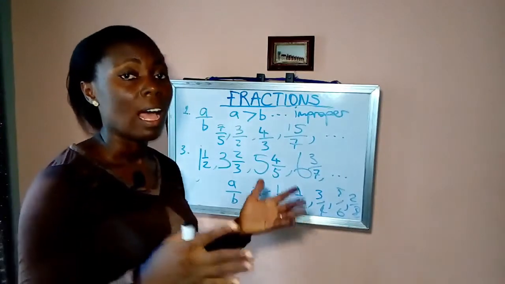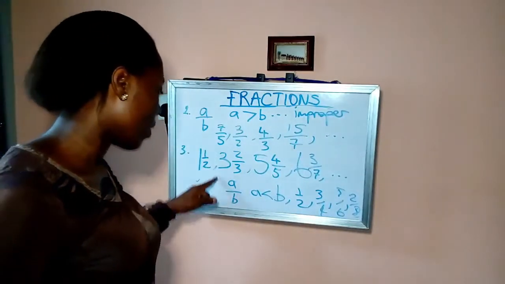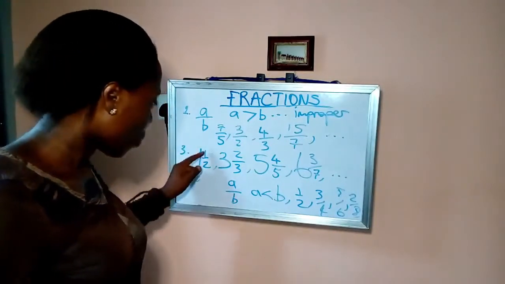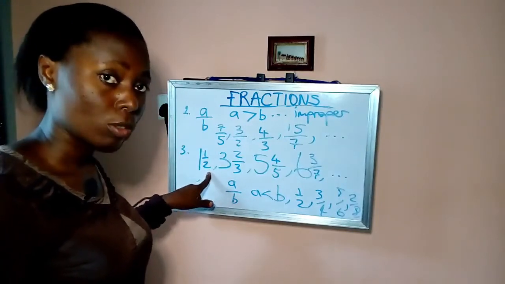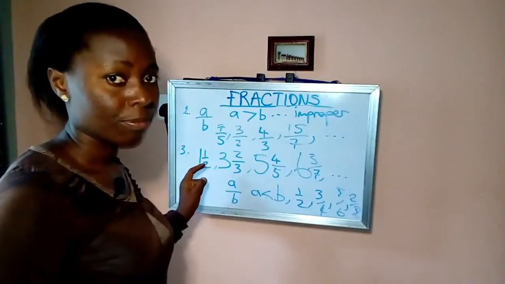For example, one whole number, 1 over 2. This 1 is a whole number, 1 over 2 is a fraction. But when they come together, we call it a mixed number.